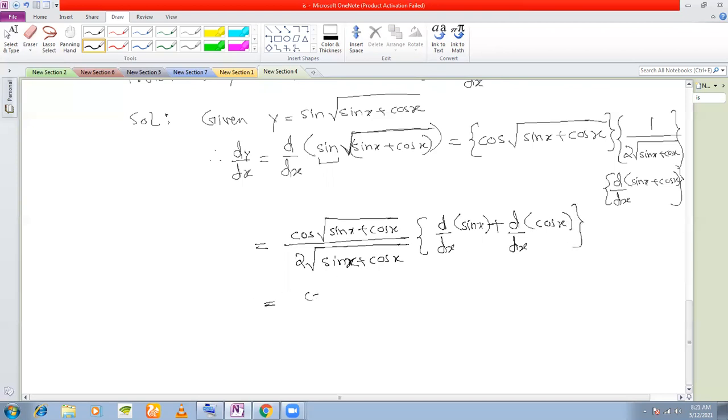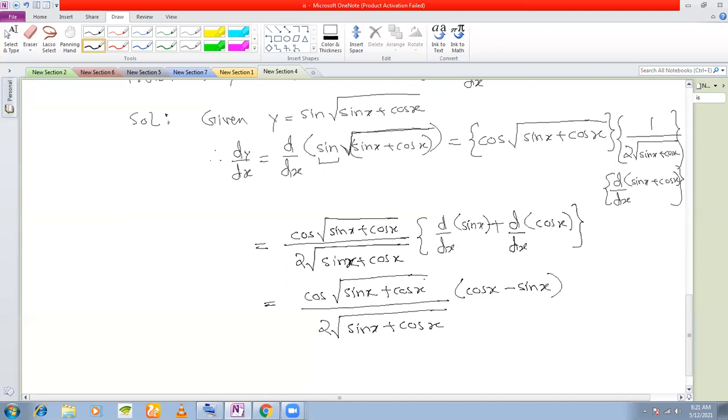Which is equal to cos root sine x plus cos x divided by 2 root sine x plus cos x, and you have d/dx sine x here is cos x and d/dx cos x is minus sine x. Okay, so this is ultimately what you are getting, and this should be your answer. Okay, this is how you differentiate.